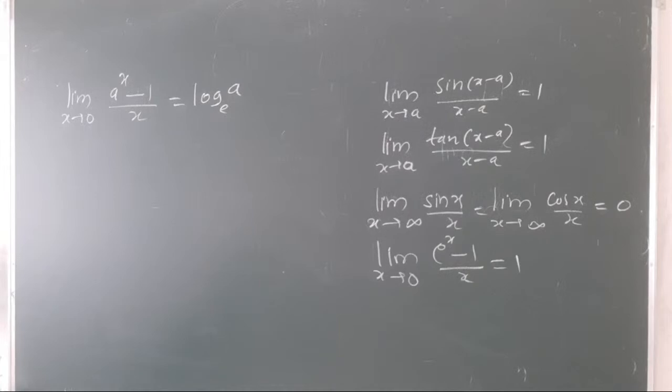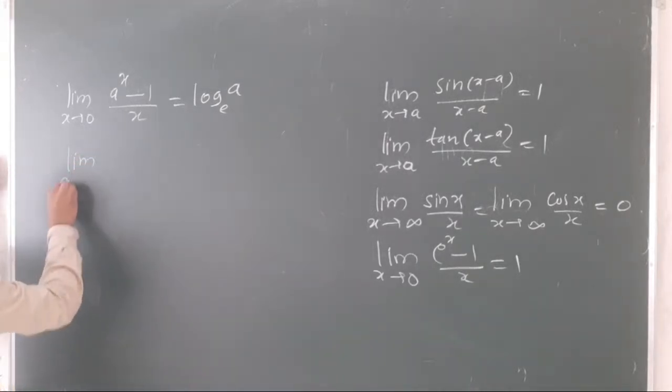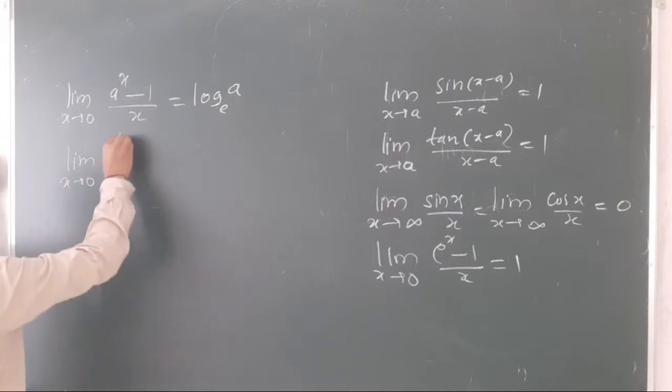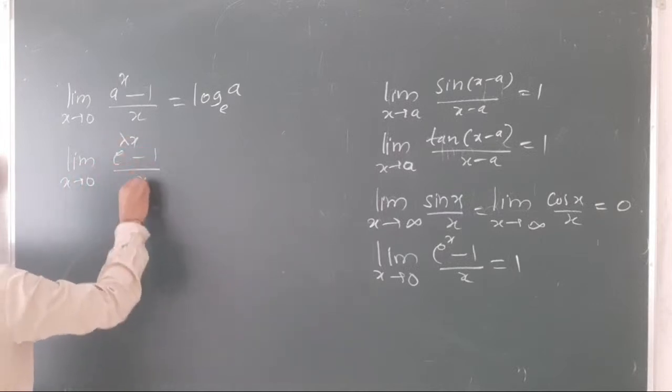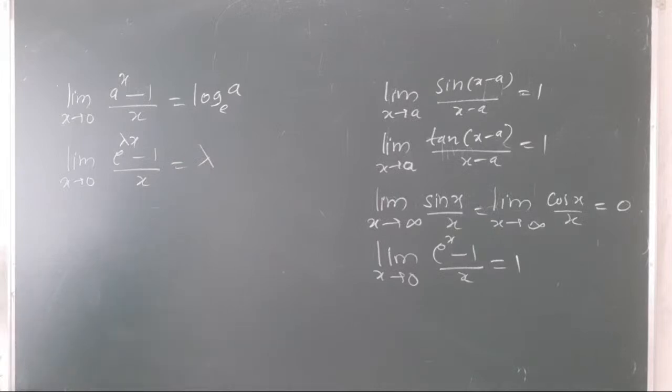Another one more, limit x tends to 0, e to the power lambda x minus 1 upon x is equals to lambda.